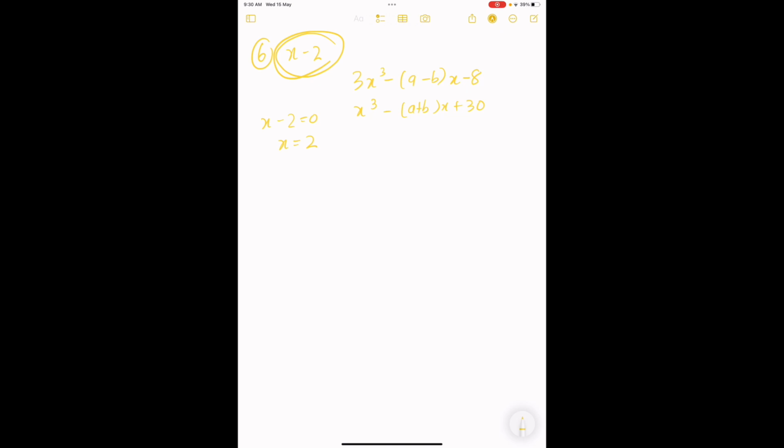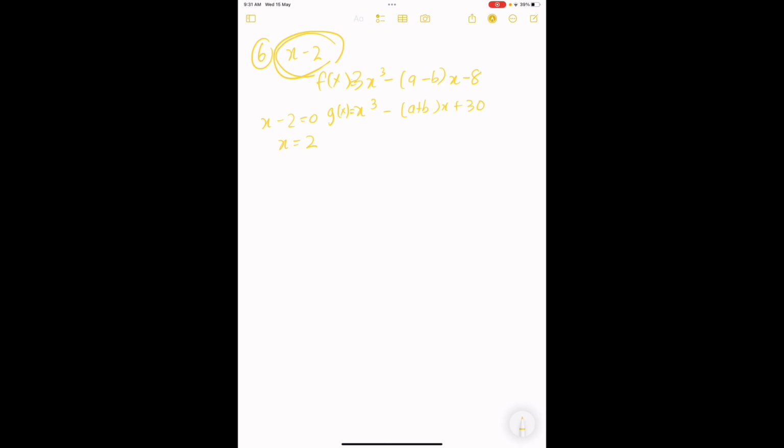Now you have 2 functions, this is f(x), function 1, and this is the other function, you can name it as g(x). f(x) and g(x).